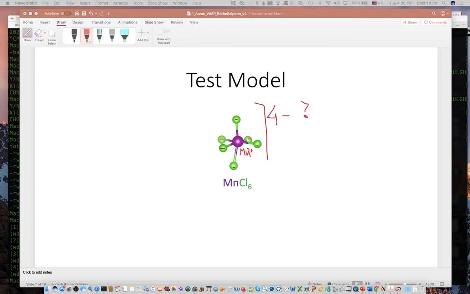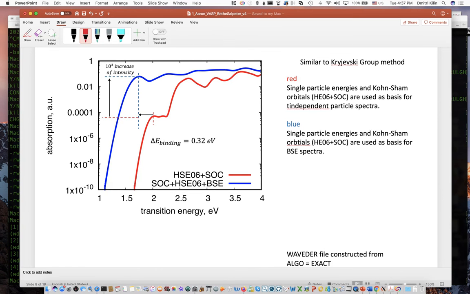So yeah, this is the model I ran it on. Next slide. This slide is comparing a computed absorption spectra using our regular method, which is shown in this red line.